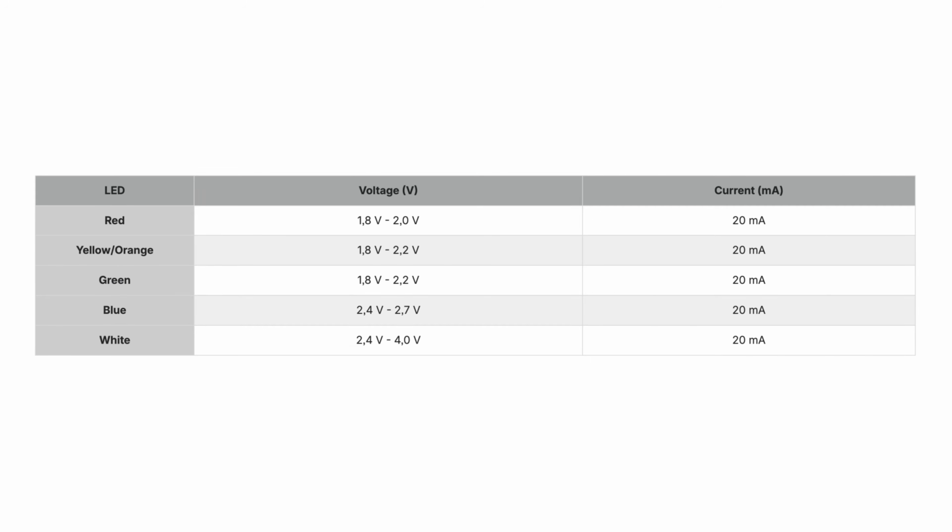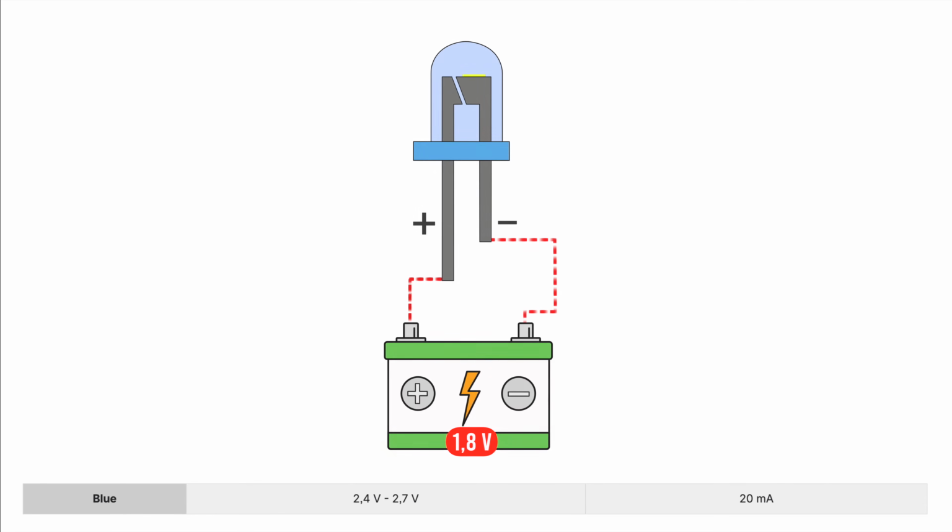It's important to know that each LED has a minimum and maximum voltage. If you apply less than the minimum, the LED usually won't light up. If you apply more than the maximum, you'll probably burn it out. Now, let's test this theory connecting this 1.5 battery to the LED.